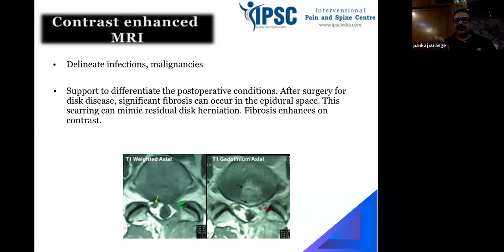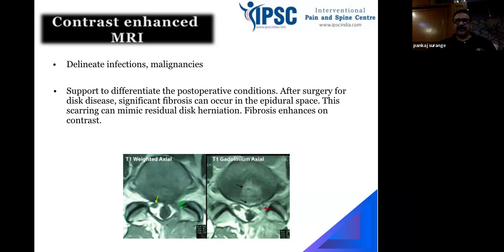Also, whenever a patient is referred to you post intervention or post surgery, this is going to happen. He's been given some epidural, facet, this, that. Don't do anything without getting a fresh MRI.